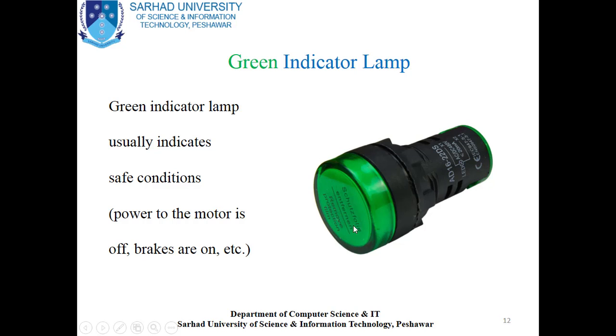Green indicator lamp. Here you can see the pictorial diagram of the green indicator lamp. Here we can connect the wires in order to connect the green indicator lamp to the PLC.